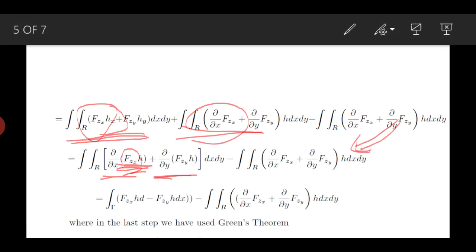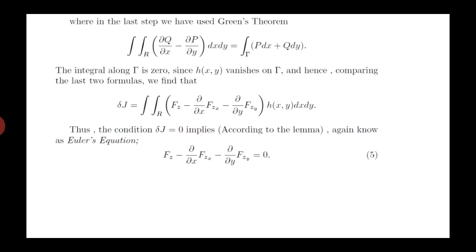So we apply Green's theorem to the first term, and what we get is the line integral of f_zx h dy minus f_zy h dx. But we know that h vanishes at the boundary gamma, so this term is cancelled out and equals 0.